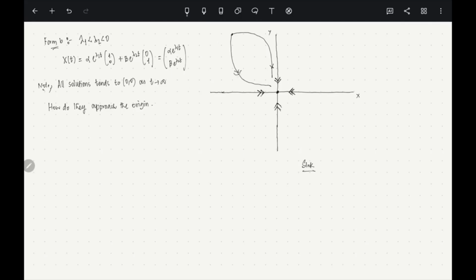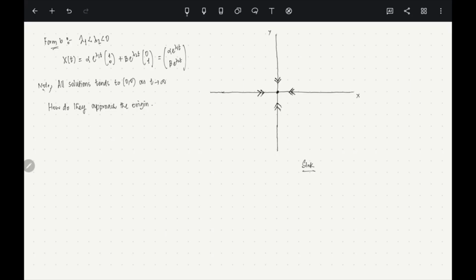Now the question is, in which direction? Like this, or something like this? We want to understand. Or it can go towards this, or in a straight line towards the origin. We want to figure out how it is moving towards the origin.